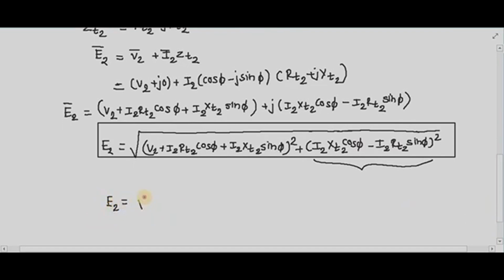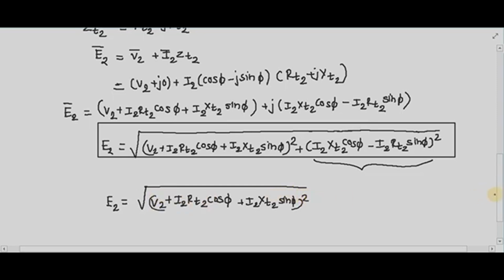It will be the square root of V2 plus I2 RT2 cos of phi plus I2 XT2 sine of phi, whole square.